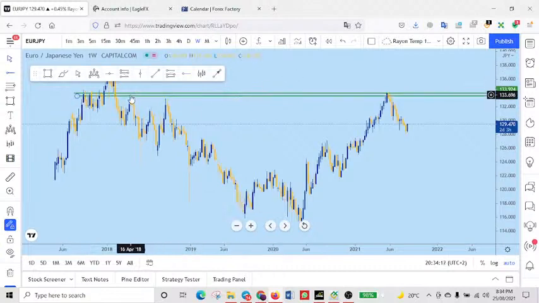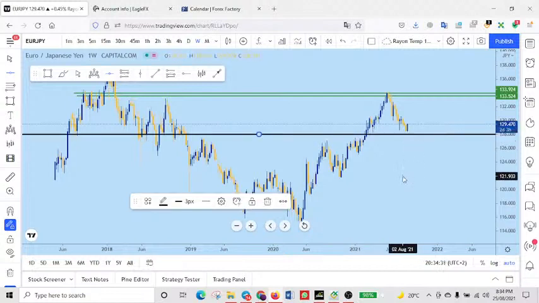This is a zone. Price respects, drops, respects, drops. And what happened when price got here? Price also respected. Now price is pushing down. If you notice what is happening here, price also respected this level. Price respected this level, went up, came here, respected this level and went up.